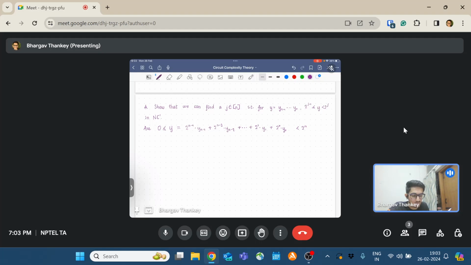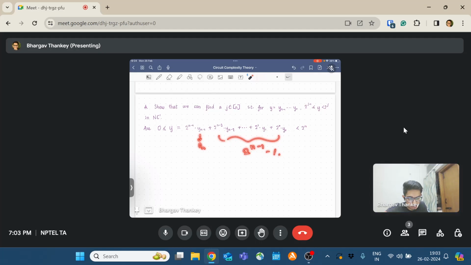So the question is, when is y exactly between 2 to the n minus 1 and 2 to the n? Is that possible when yn minus 1 is 0? No, because then this can be at most 2 to the n minus 1.